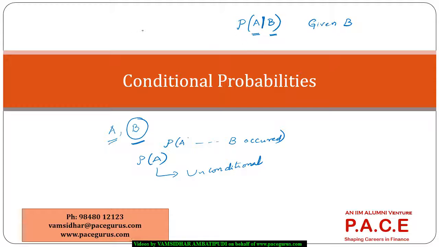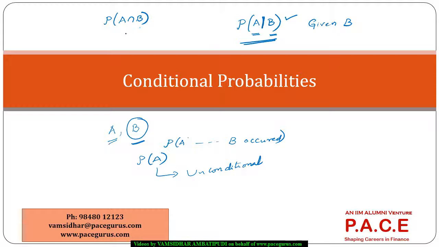The typical way we find it out is the probability of A intersection B. Because I know that B has already occurred, I don't know whether A has occurred or not.